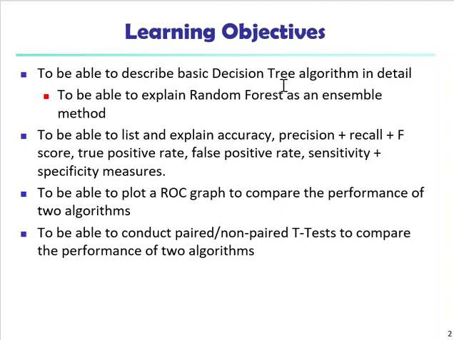So you should also be able to explain the random forest algorithm and why it is an ensemble method. In practice, random forest is used in place of decision tree because this algorithm has been proven in so many application settings to be robust.